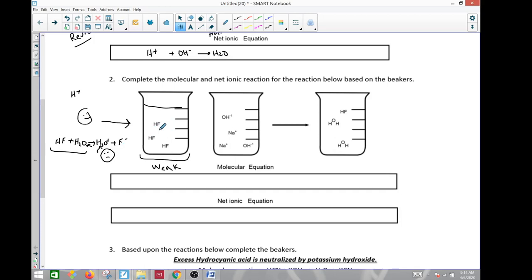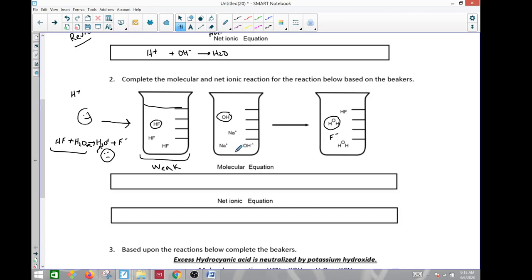So with the weak acid, notice that one of these guys grabbed one of those guys essentially and formed a water molecule. And what else do we have here? Well, I didn't show everything here, but there's going to be an F negative here. And then what else we got here?